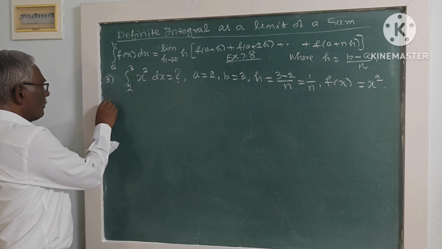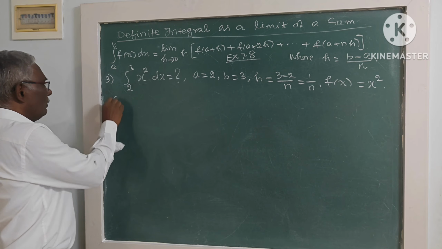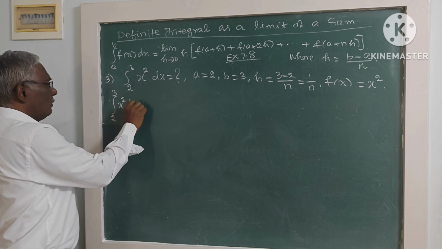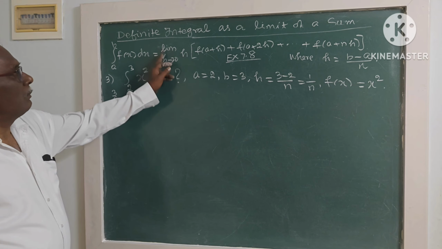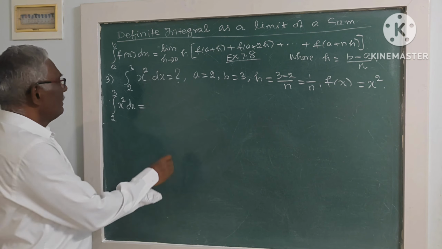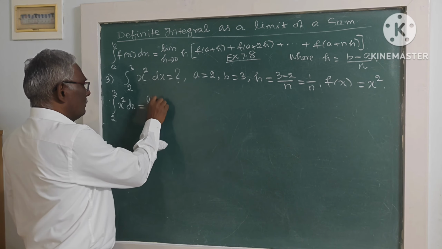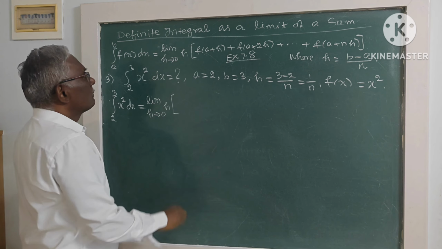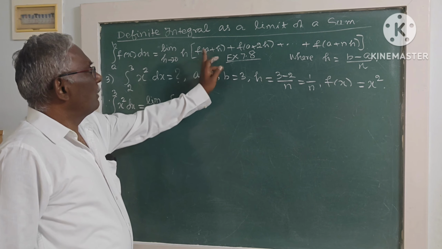Therefore, integral 2 to 3 x square dx is equal to limit h tends to 0 h times f of a plus h.